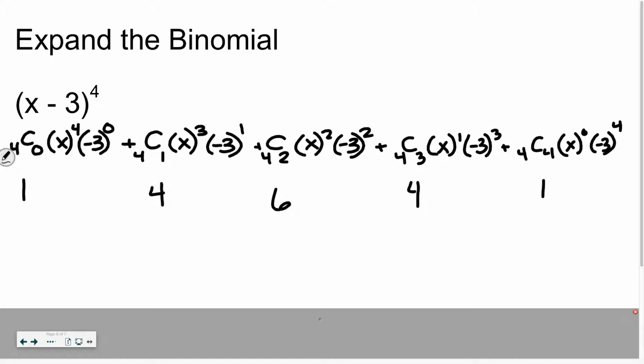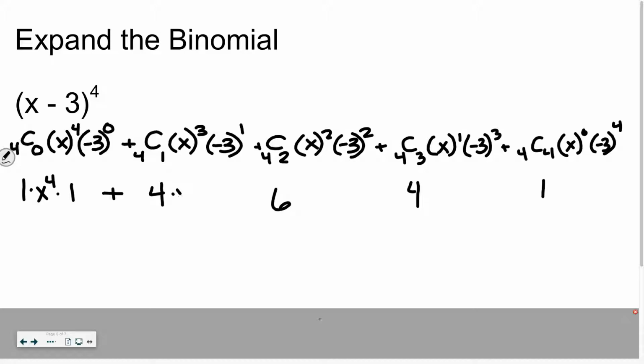That seems like a lot of tedious work for just knowing a row of Pascal's triangle. Okay, now I'm going to finish out what the rest of this is. So now I'm going to apply my exponents. This is going to be 1 times x to the 4th times negative 3 to the 0, which is 1. The combination, the first term and the second term, these things are always getting multiplied, and then you're adding in between. Okay, so then I'm going to have another product of 3 items.